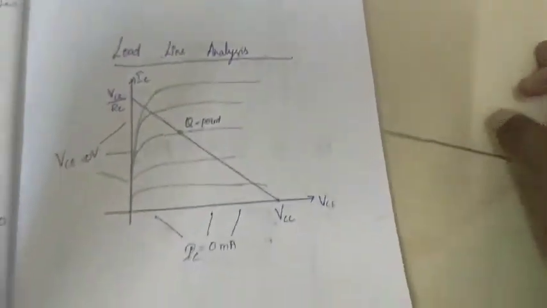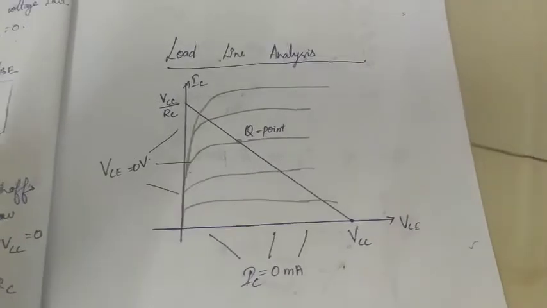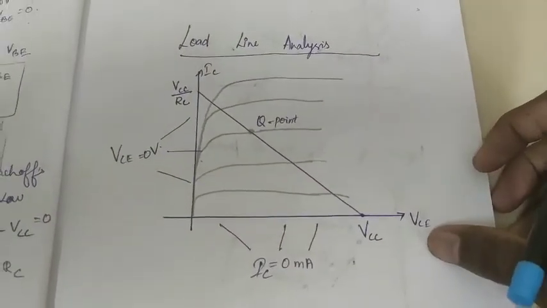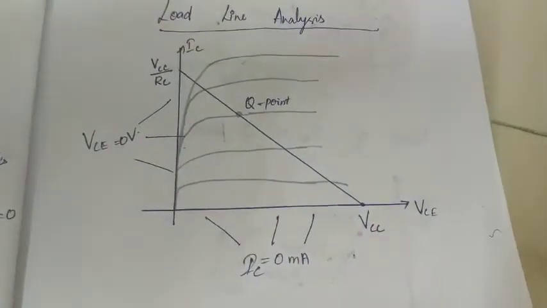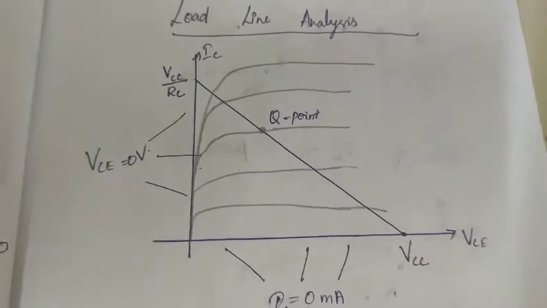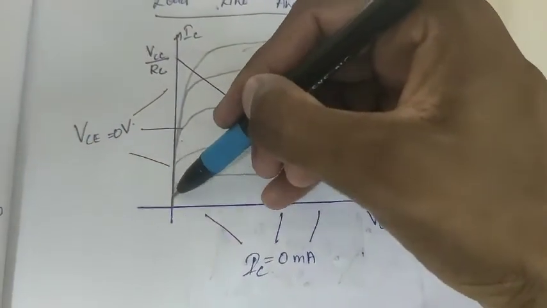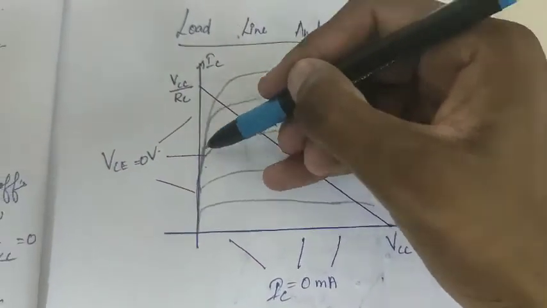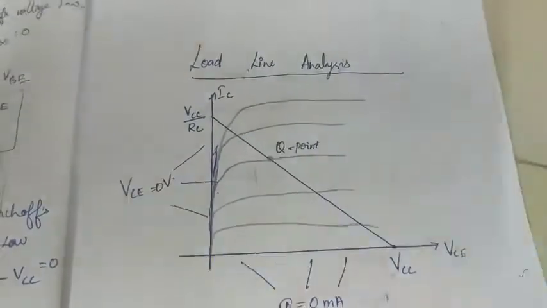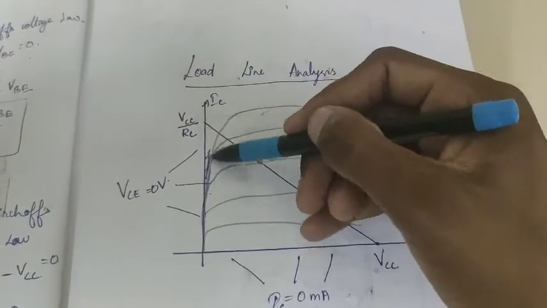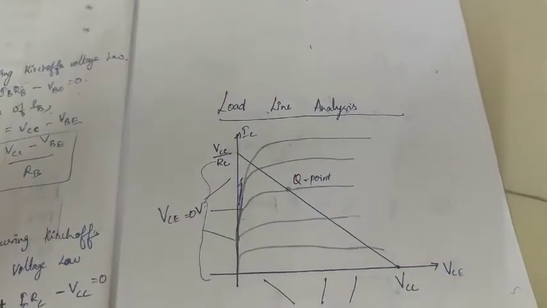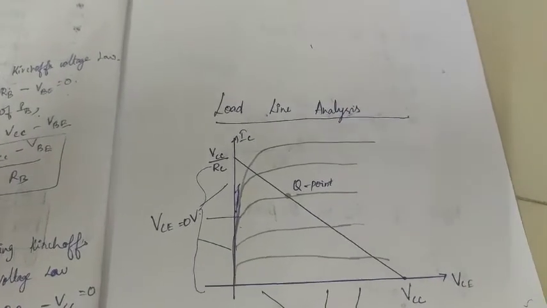So when I analyze a load line for this, by load line analysis, along the saturation region, the voltage is almost equal to 0, maybe 0.1 or 0.2, almost going to 0, that is VCE along the y axis is 0.